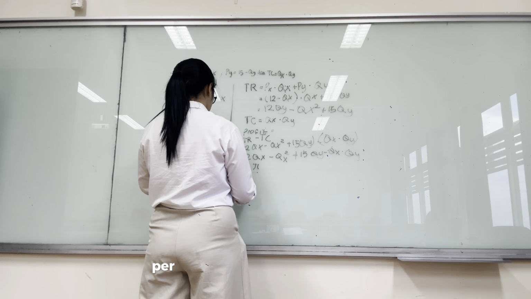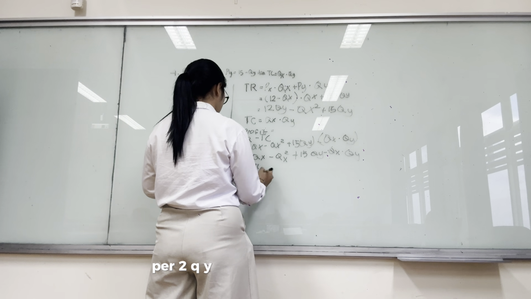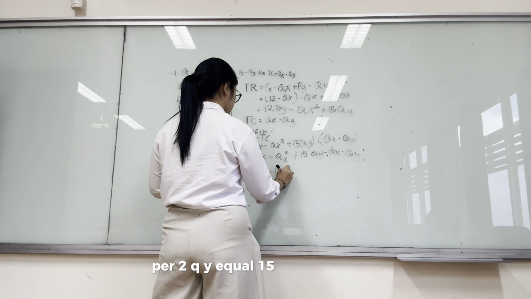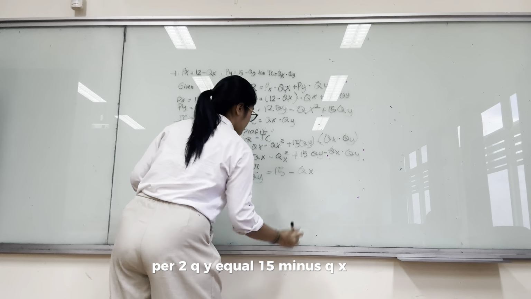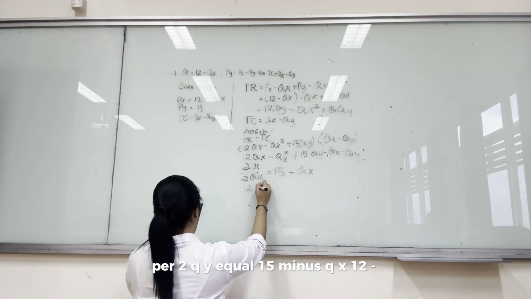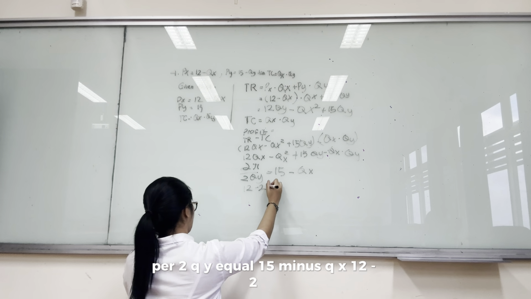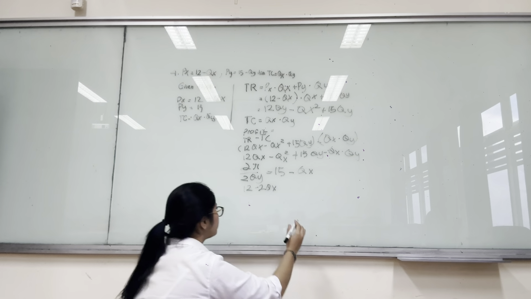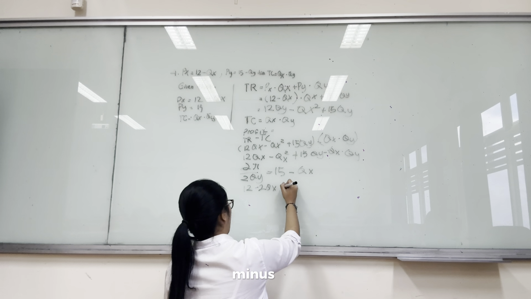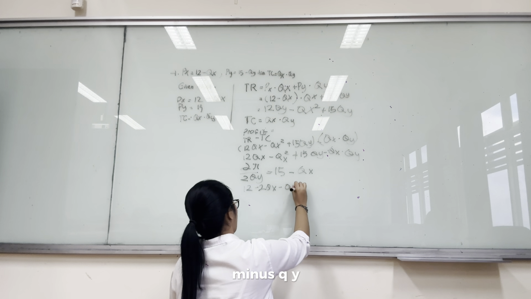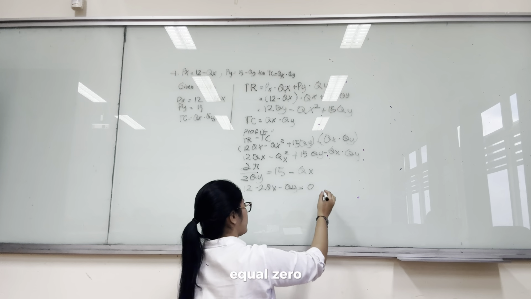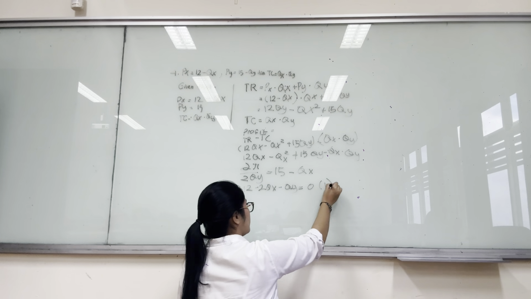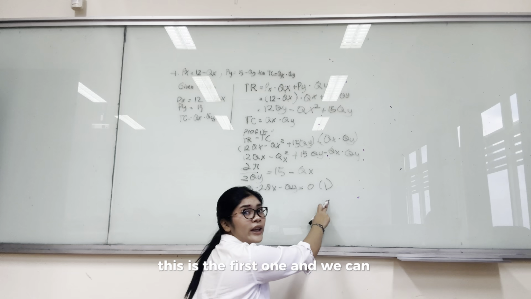So next is the partial derivative of pi with respect to Qy equal 15 minus 2Qy minus Qx equal 0, and the partial with respect to Qx equal 12 minus 2Qx minus Qy equal 0. This is the first one, and we can use this.